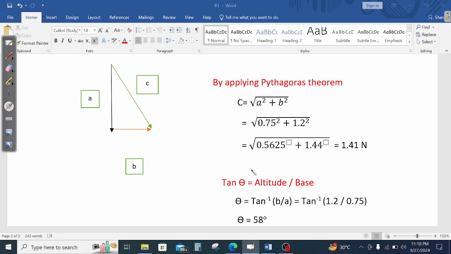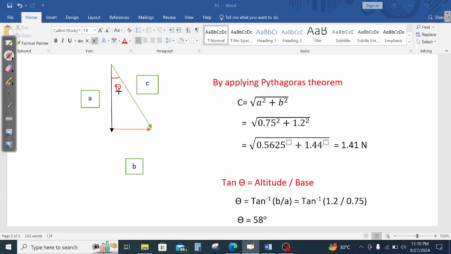Is it clear? And the second thing which you have to measure is the angle by which you have stretched the load with the help of this wire, and this angle is represented by theta. When you have to find the direction, then you must apply the trigonometric function, that is tan theta is equal to altitude over base.